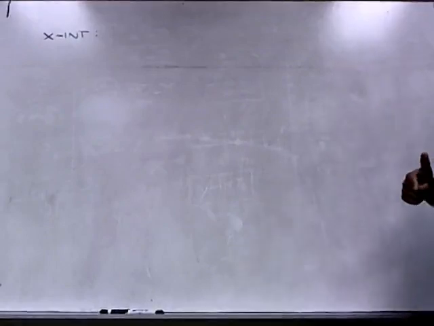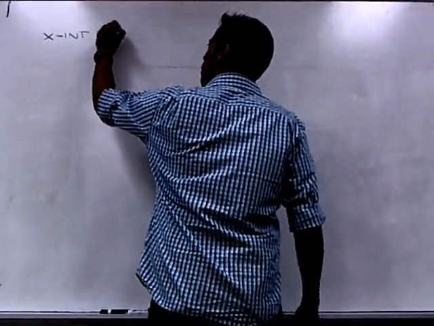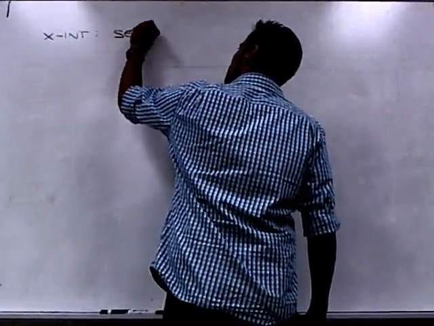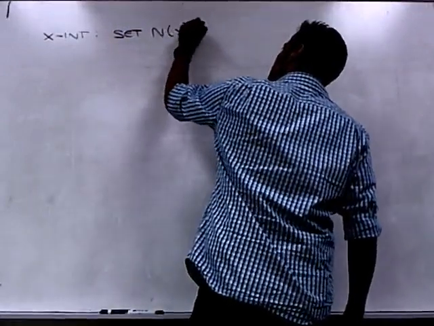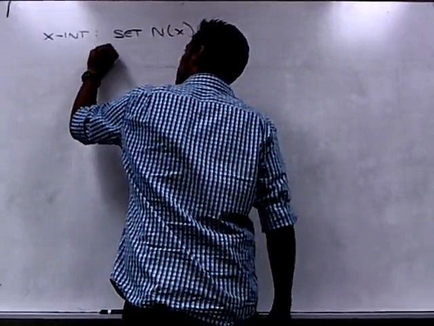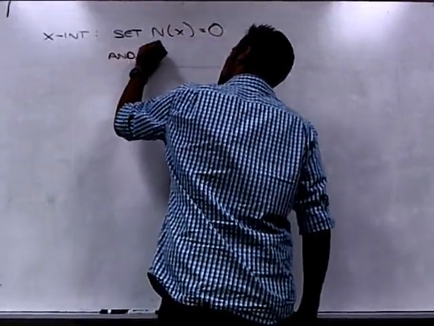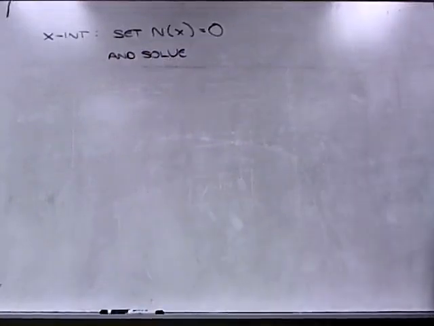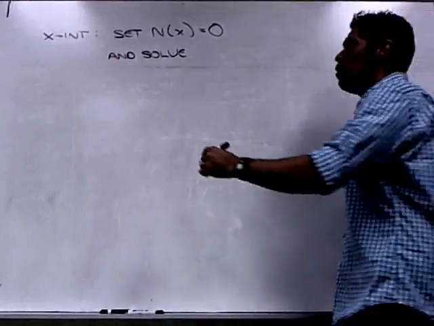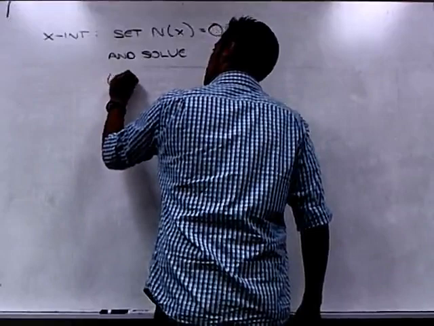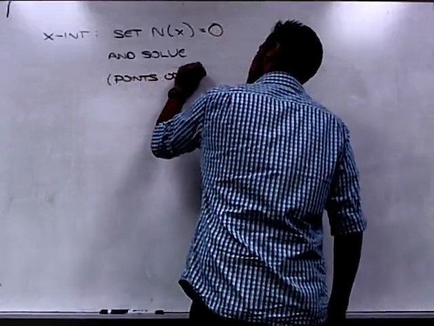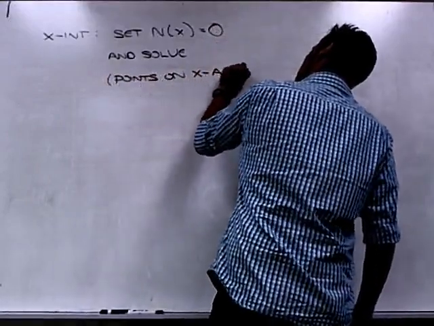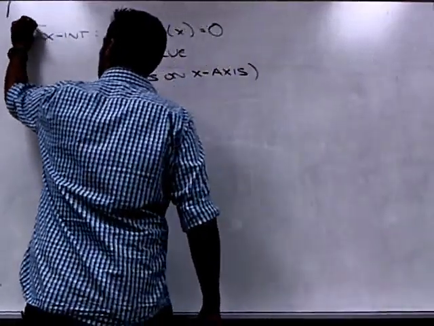So to find the x-intercepts of a rational function, what we're going to do is set the numerator equal to 0 and solve. Right? That's how we will find our x-intercepts. We will set the numerator equal to 0, we'll solve that equation, and we'll plot those, right? These are going to be points on the x-axis. Okay, that's x-intercepts.